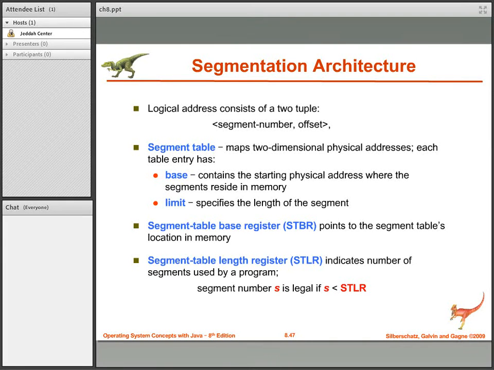And of course, there is a corresponding segment table length register, STLR, that indicates the number of segments used by a program. The segment number S is legal, is valid, if S is less than the STLR.